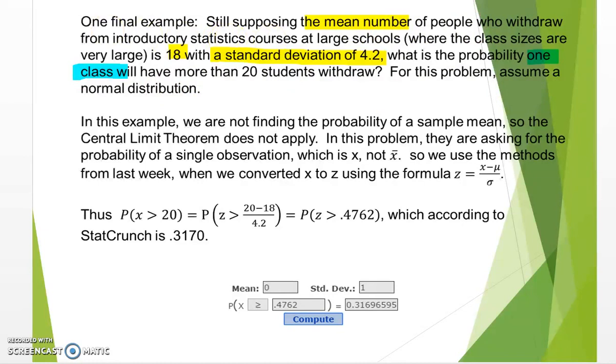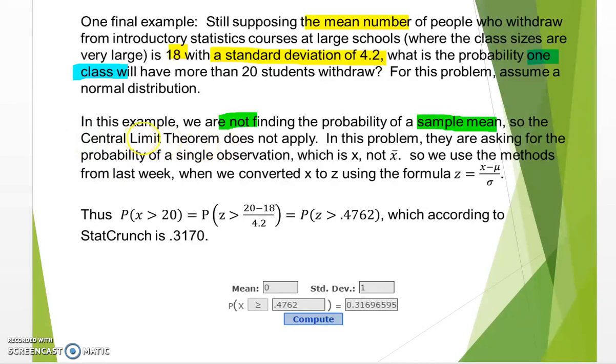In this example, you may see some similarities with our example 1 when we talked about the weight of the elevator, for one individual. So we are not actually finding the probability of a sample mean. So the central limit theorem doesn't apply.